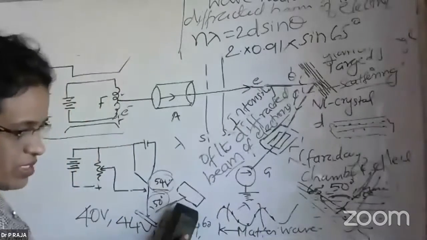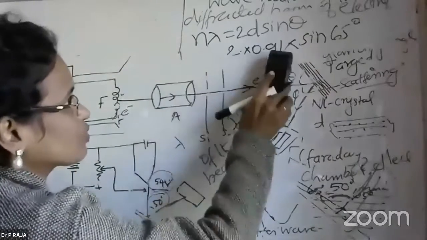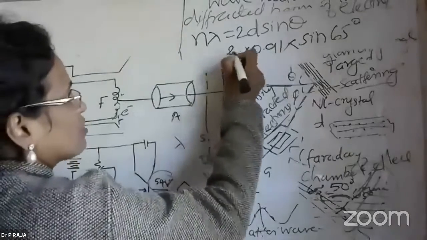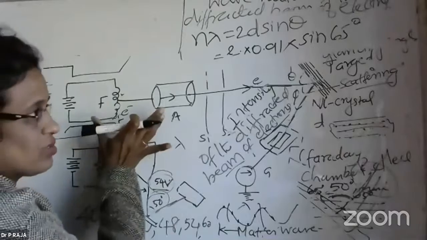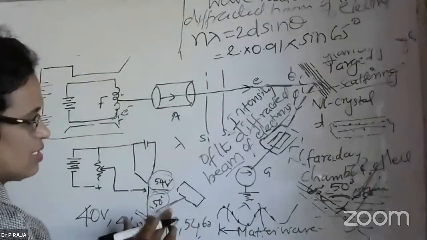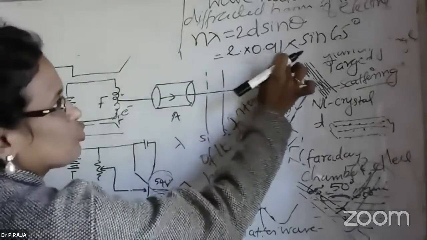Maybe in this experiment it's not nickel, it may be a copper crystal, so that value is given here. This is a little modified experiment compared to this setup.